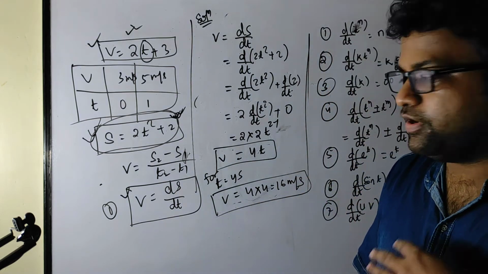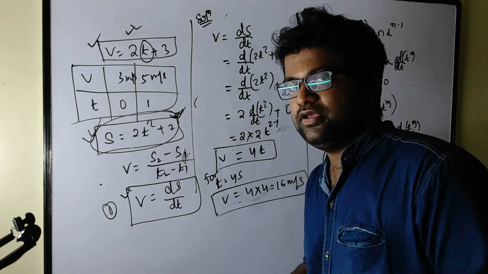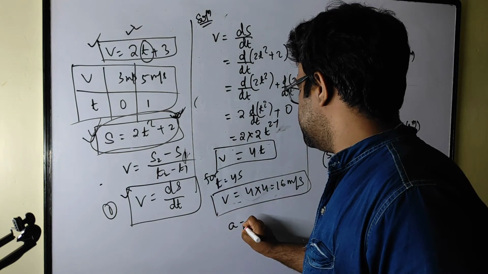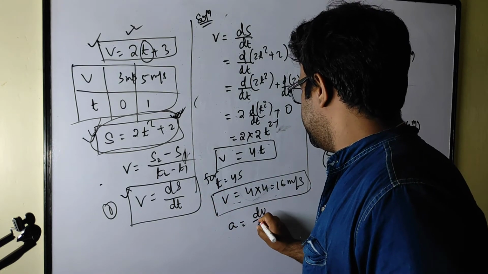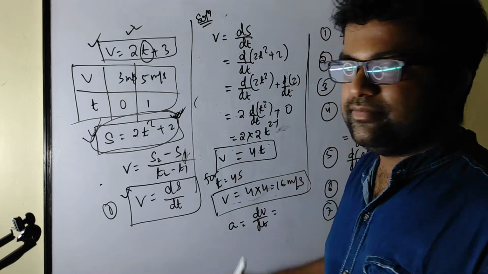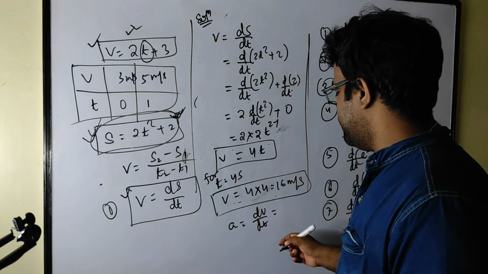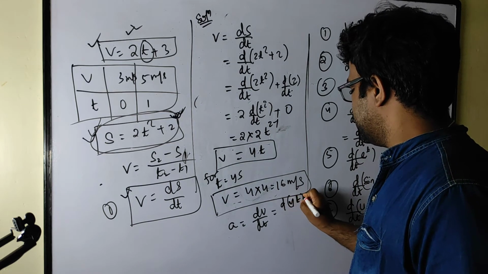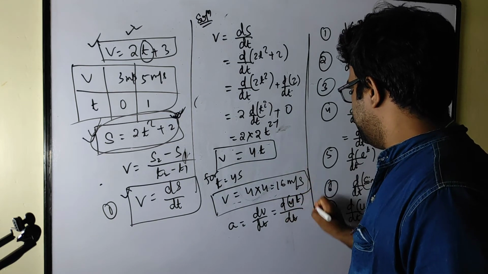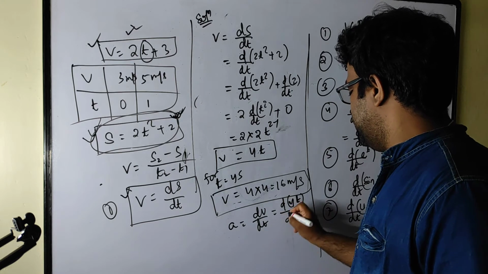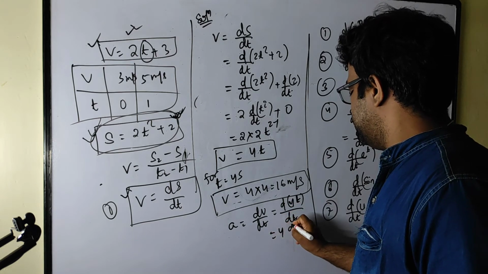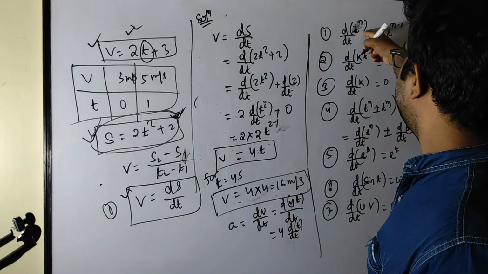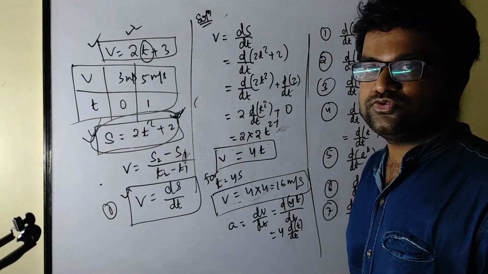Okay, so how will you calculate acceleration then? By differentiating velocity again, because the formula of acceleration is dv by dt. Once we have the expression for v, that is v is equal to 4t, we can find the acceleration. Differentiating d by dt, 4 will come outside, and d by dt of t is 1 because it is t to the power 1, so 1 into t to the power 1 minus 1 is 0.